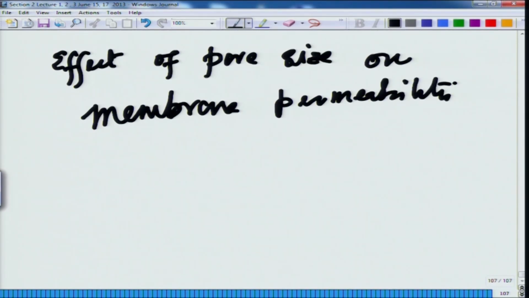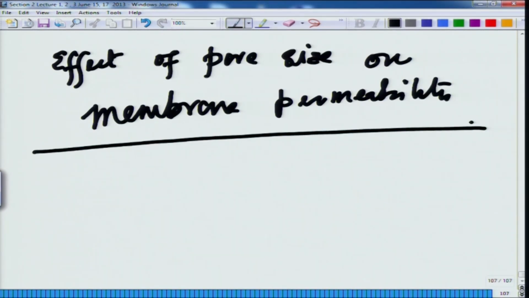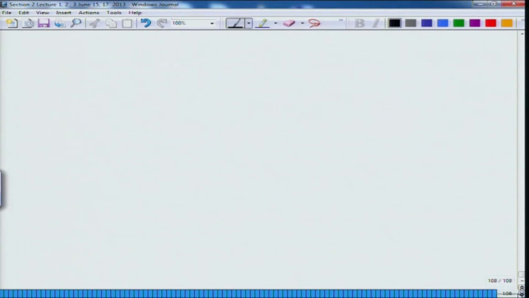In other words, what we are going to deal with in this situation is the factors which dictate your diffusion.